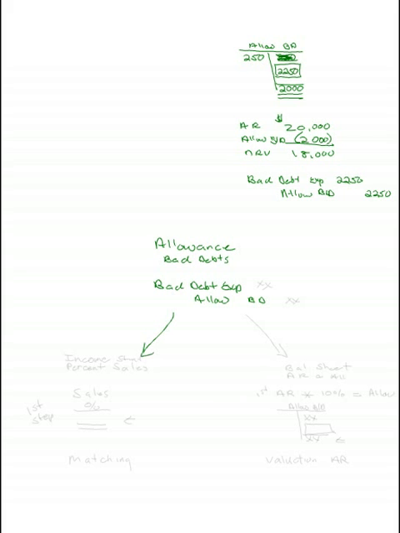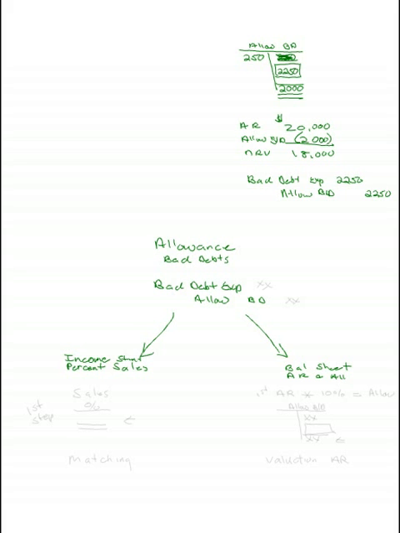One is called the income statement method, and it does the percent of sales, and one's called the balance sheet method, and its focus is on accounts receivable and the allowance account.